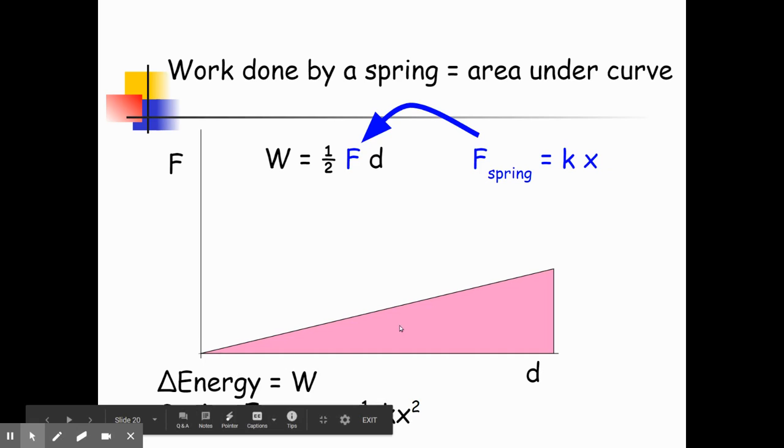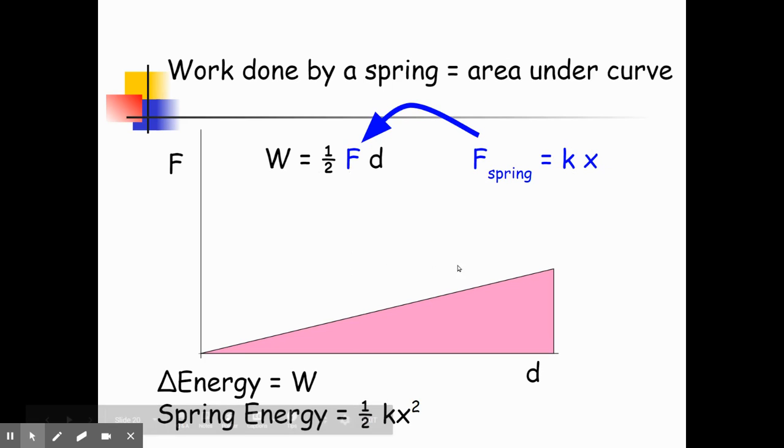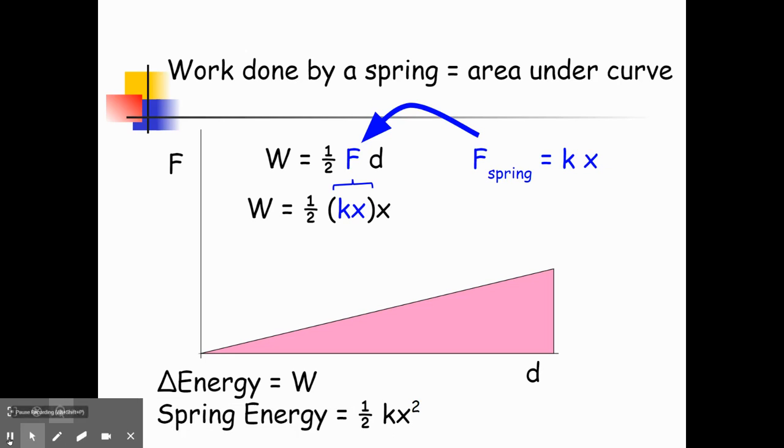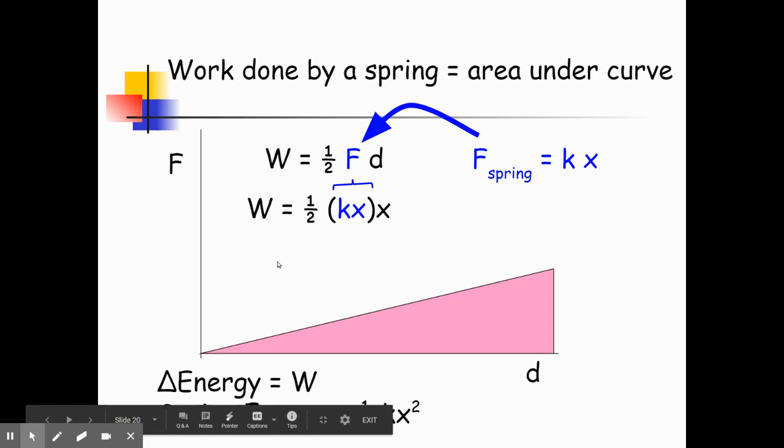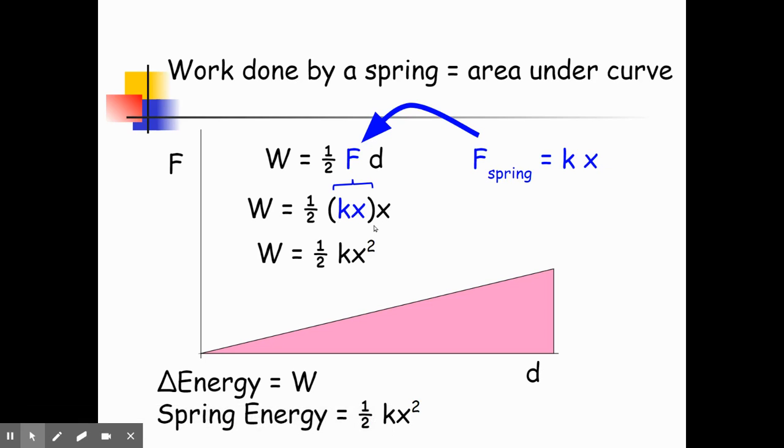And it's a triangle, so that means it's 1/2 times my base, which is d, times my height, which is F. So if I take this kx and plug it in for my force, then I end up with work equal to 1/2 times kx times the distance that it was squished, which is x. So if I multiply this out, I have 1/2 times k times x times x, which gives me 1/2 kx squared.